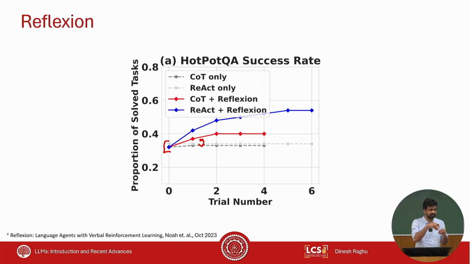So the evaluator has access to the ground truth, and the red and the blue line have slightly more information than the CoT or the ReAct only setup, right? But the premise is that if you have that information or some proxy or heuristic or rule-based thing that can tell you whether the answer looks right or not, then you can benefit from ReAct a lot more than what you would benefit from CoT, right?